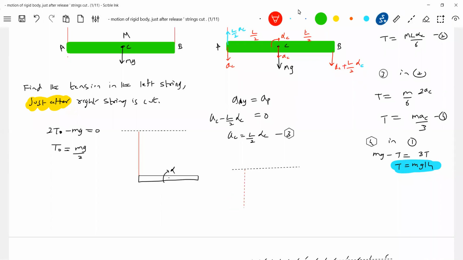After some time, it will rotate because it is suspended by the string. It will rotate about the center of mass. After some time, it will rotate about this one, call alpha A. This is alpha C. What you have to notice in the problem is whether it is asking after some time or just after the string is cut. That is the difference you have to make here.